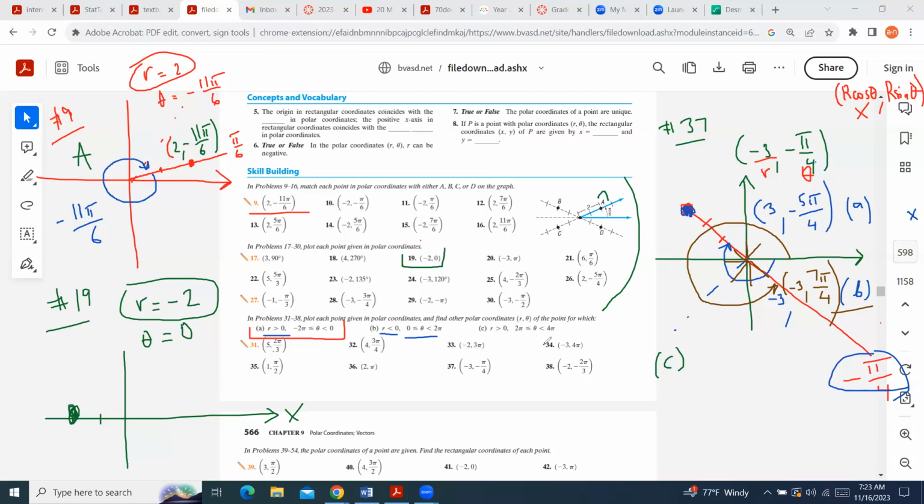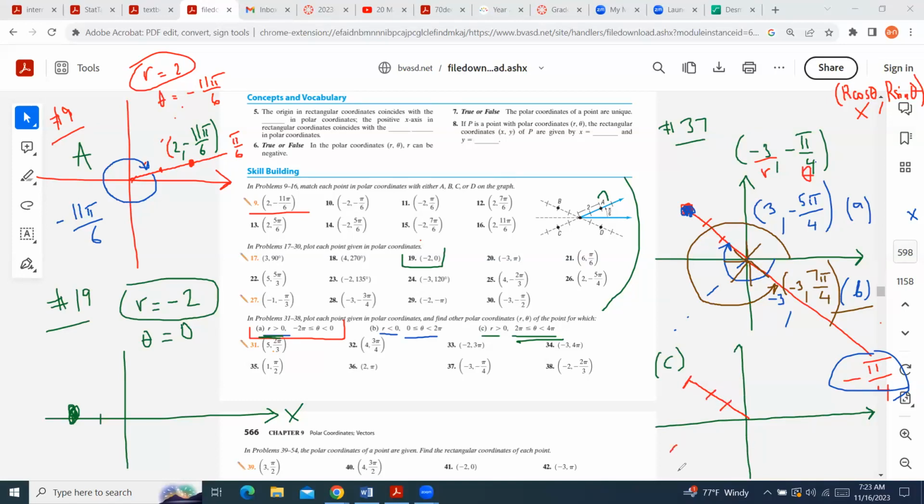Part C says, now you want to have theta between 2π and 4π and r is positive. Well, it looks like we had one case when r was positive, it was part A, but they wanted a negative angle. So now they want to rotate a little bit more. I think I want to make another picture of this because it's already too messy. So my point is here, let me keep it red. I went 3 units here, right?